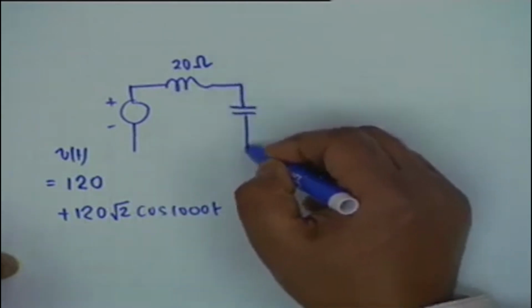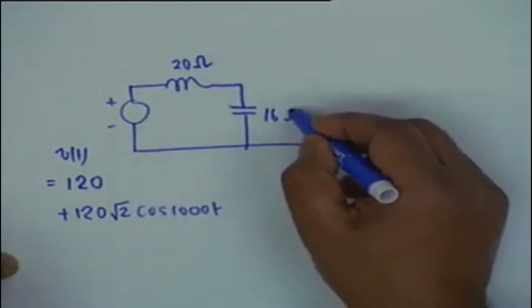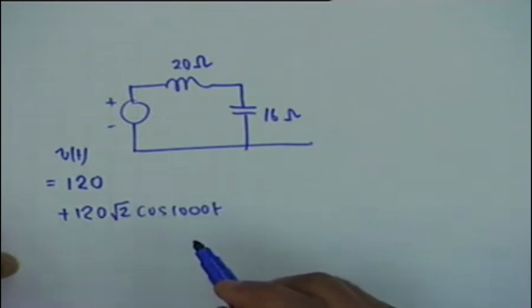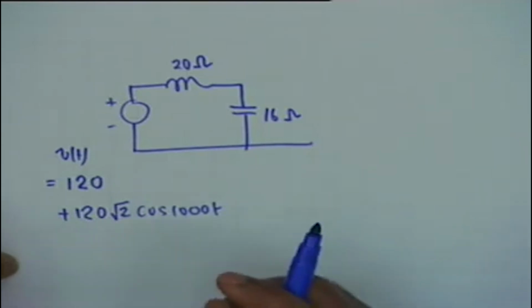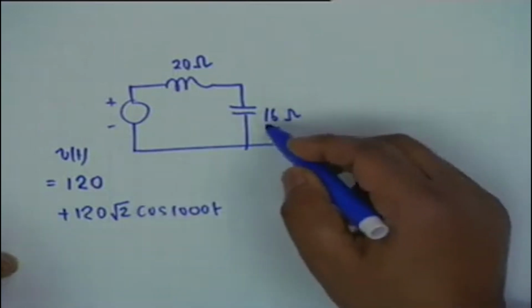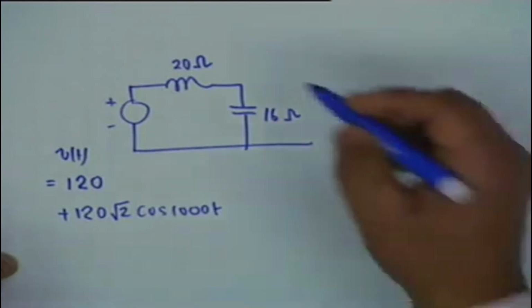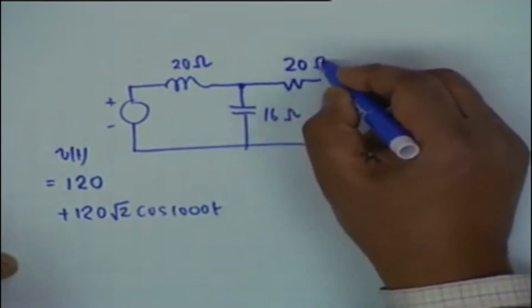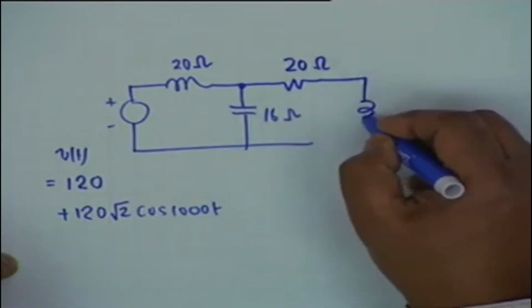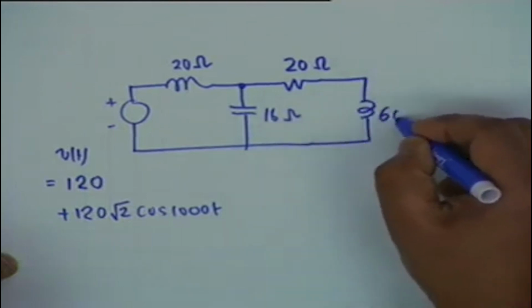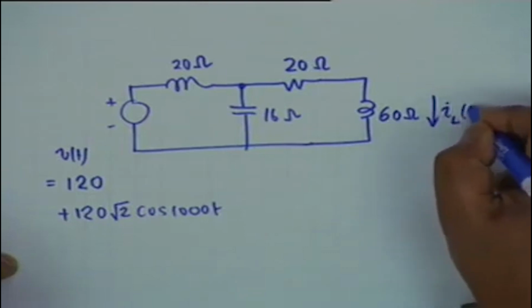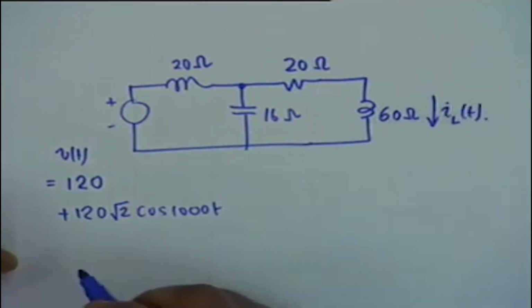And then we have a 16 ohm capacitive reactance. Whenever a capacitance and its reactance is specified, it is your responsibility to insert the sign. The impedance of this obviously shall be minus j16, and then you have a 20 ohm resistor and a 60 ohm reactance inductor, and it is this current IL of t which is of interest.